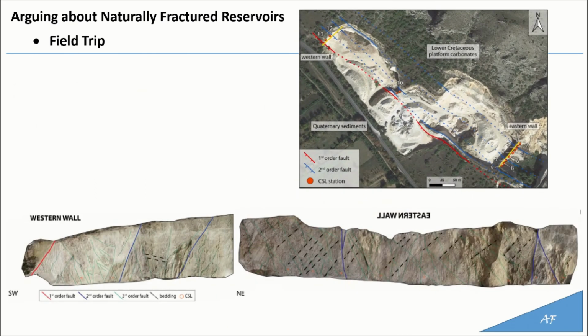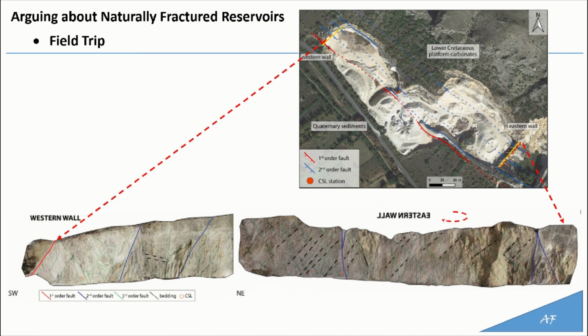The fault is studied on two different outcrops, facing each other at the two extremes of the quarry, and represent respectively the area close to the fault, the western wall, and a more distal area in the eastern wall.